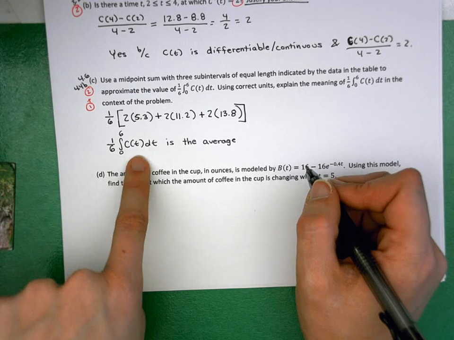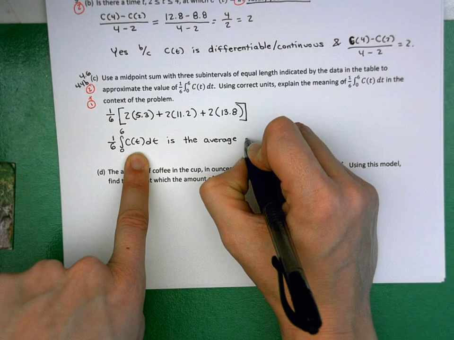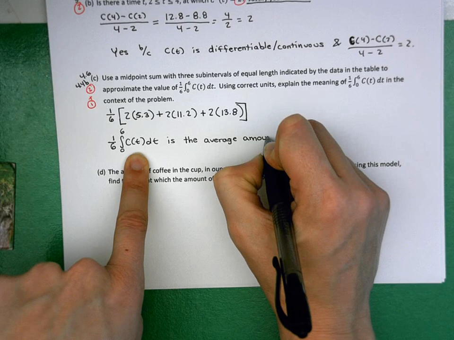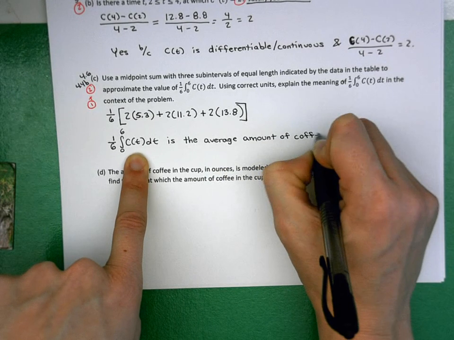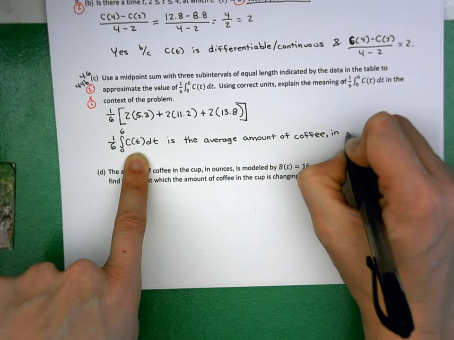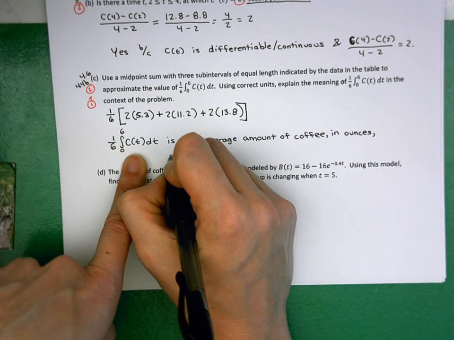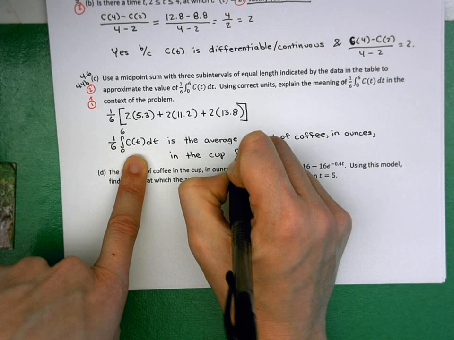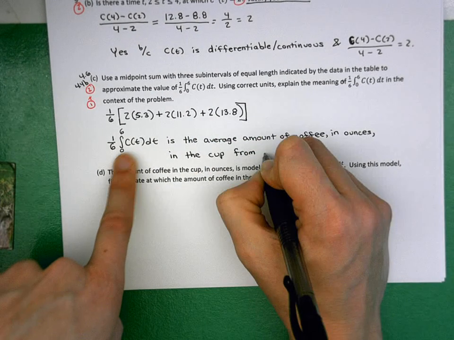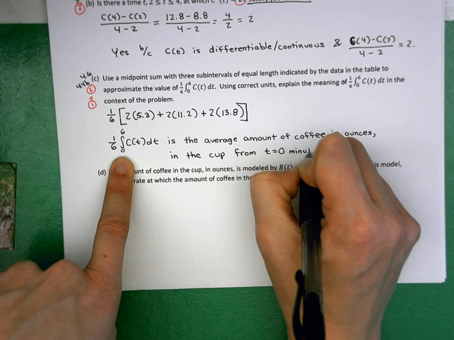And C is amount of coffee in ounces in the cup from, and then my time interval, t equals 0 minutes to t equals 6 minutes.